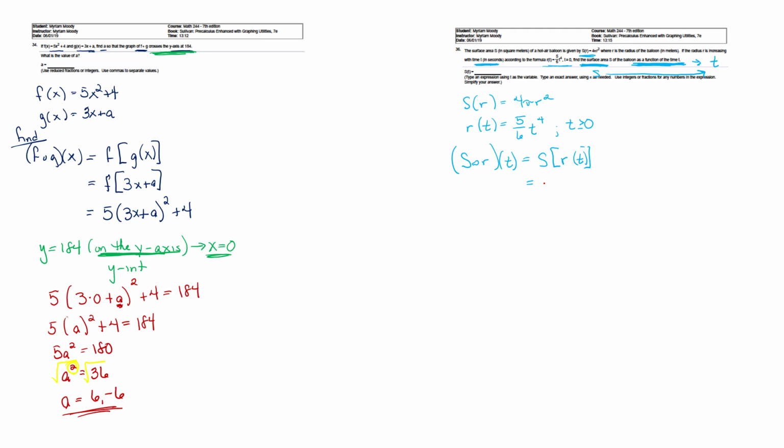And, again, order of operations, that's 5 over 6 t to the 4th, taking the place of r of t, right?